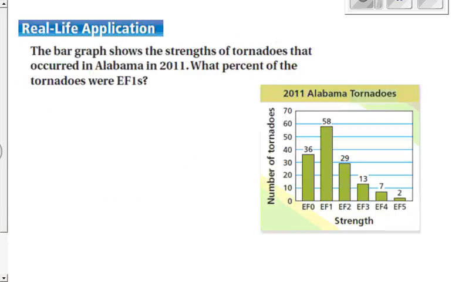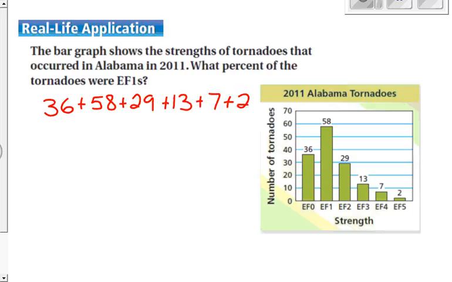It says, the bar graph shows the strength of tornadoes that occurred in Alabama in 2011. What percent of the tornadoes were EF1s? So what we need to do is figure out how many tornadoes there were altogether. So we're simply going to add 36 plus 58 plus 29 plus 13 plus 7 plus 2.